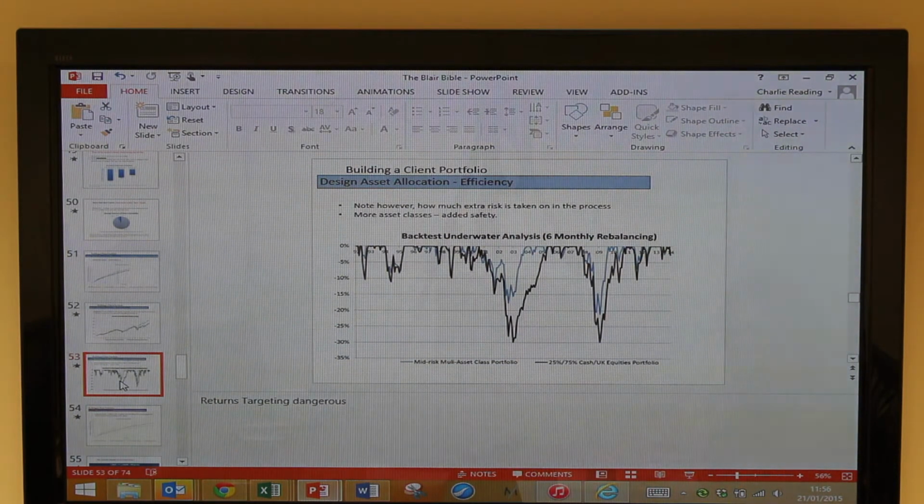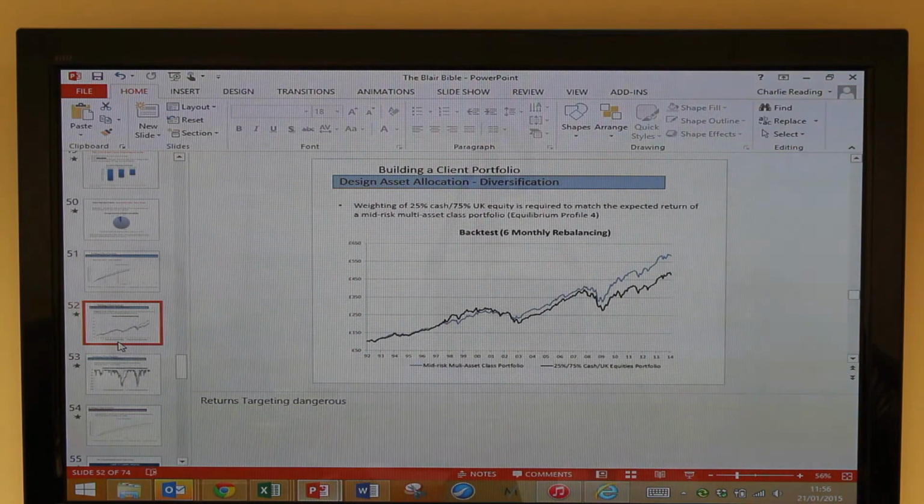So this is when the market's down, how badly did you suffer? And by having a fully multi-asset diversified portfolio, which is the blue line, you can see that you were significantly less affected by those horrible periods than you were if you only have the two asset classes. And you can also see exactly the same thing in terms of performance.